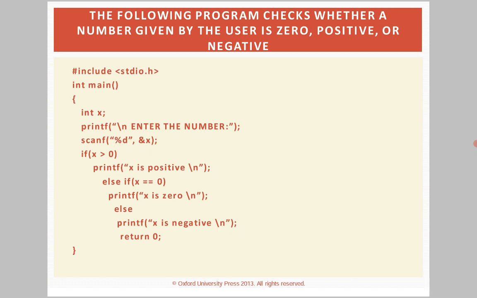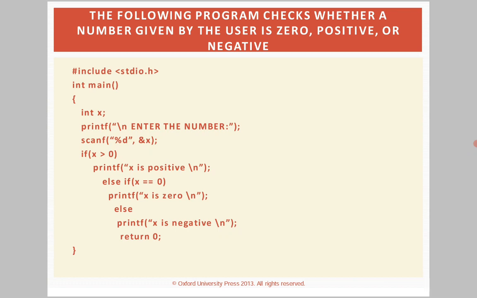So printf is generally used to print some number or some message on the screen, whereas scanf is used to accept some number or input from the user into a variable. After that we check the variable x.